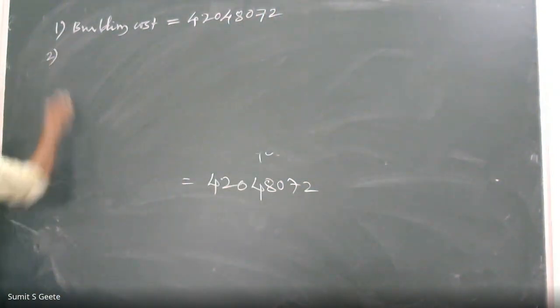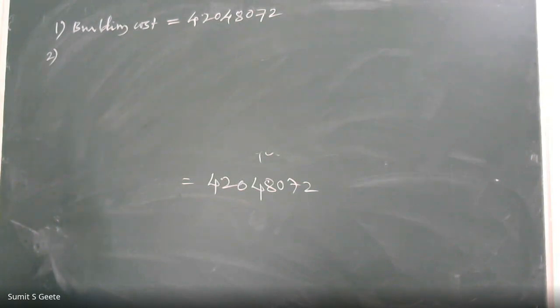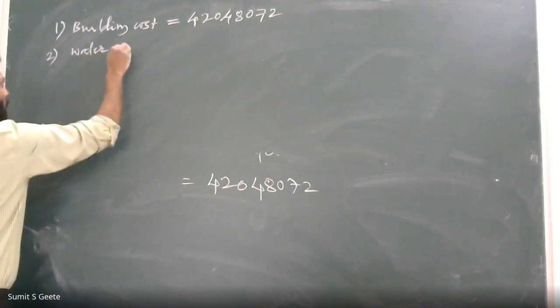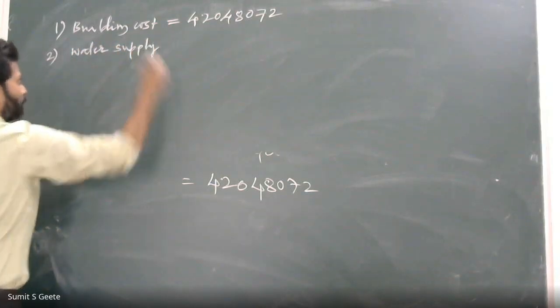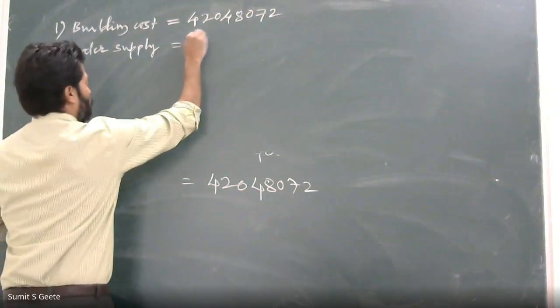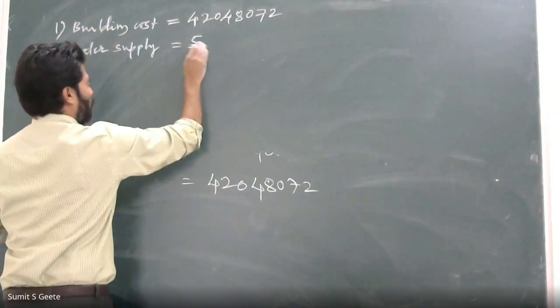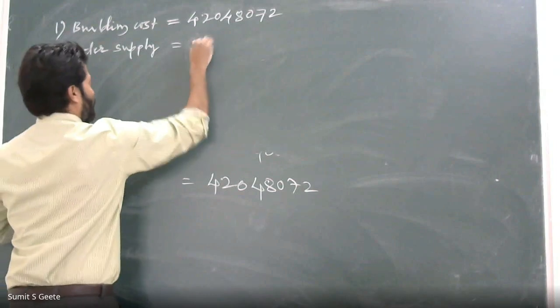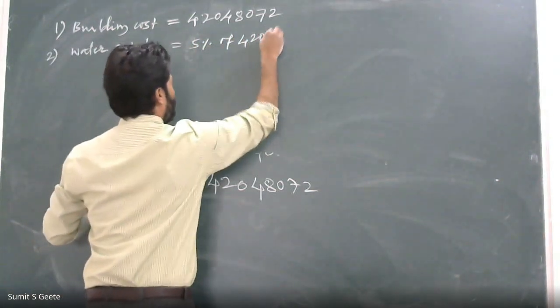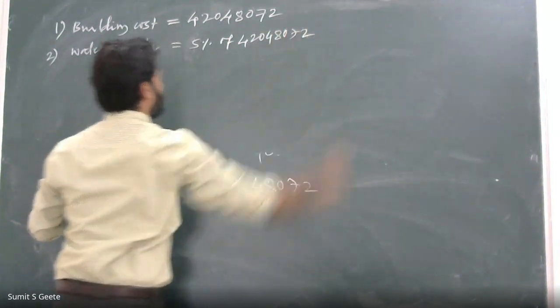Now second point. What? The provision of water supply. Water supply is 5% of building cost. So simply write down 5% of 420487072.